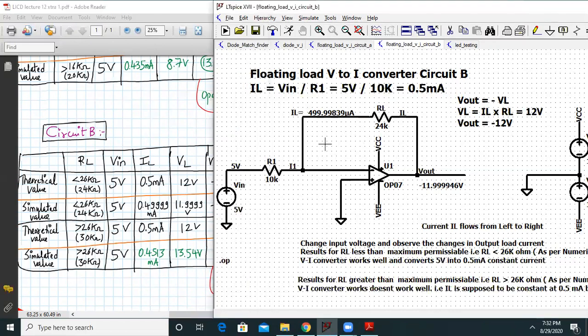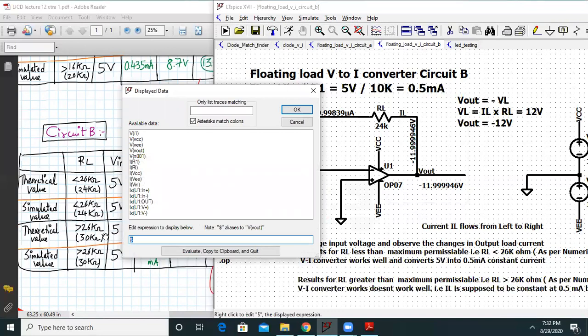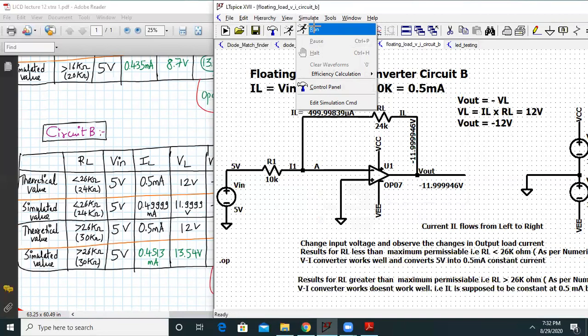So are we getting that value of VL correctly? Again, I have to label it. VL will be Vout minus V_A over here. So let us find out that value. Let me just write here Vout minus V of A. Oh, I have to simulate this. I keep on forgetting this. I have to simulate this once and then it will come.